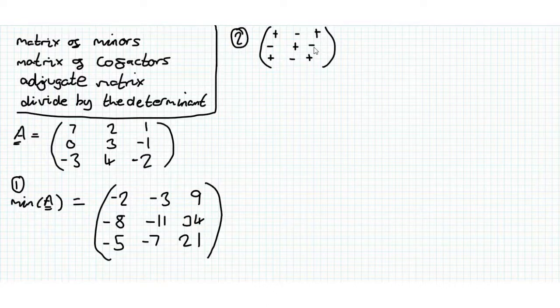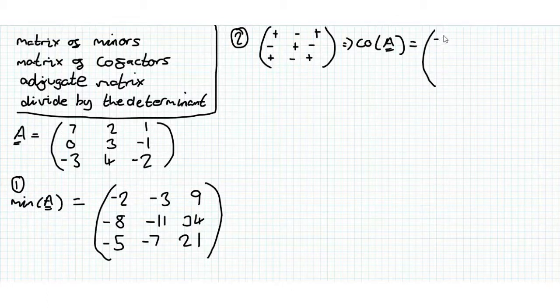So even if you're working with 4 dimensions, 5 dimensions, you just start with a plus and you go minus, plus, minus, plus, and you just keep going like that, okay? And what this means is, where there's a plus, we keep that element with the sign it currently is, and where there's a negative, we change the sign of that element. So this leads us on to the cofactor matrix of A. And we're dealing with the minor matrix, by the way.